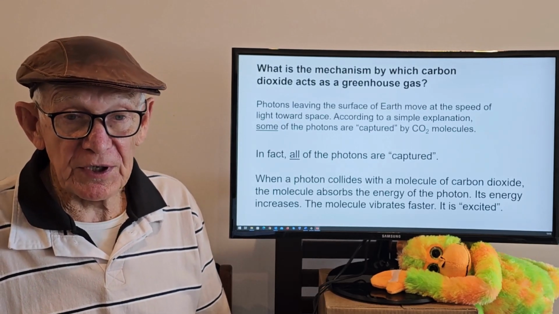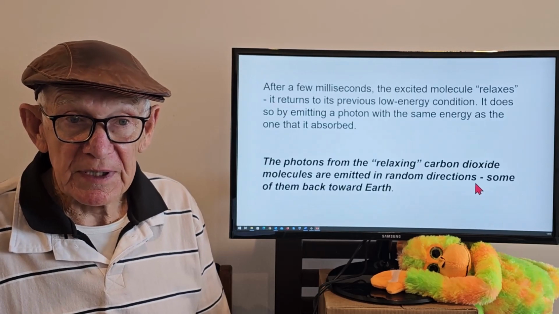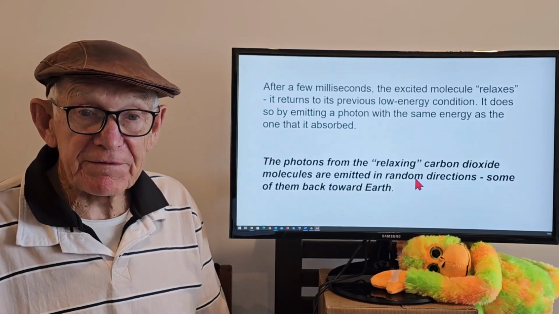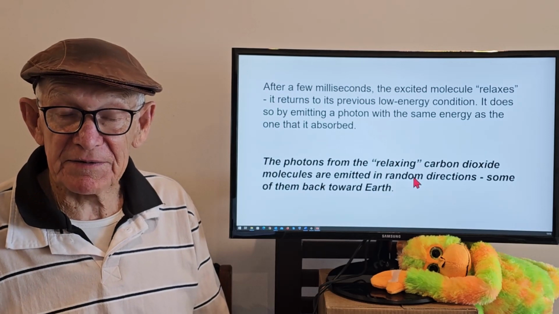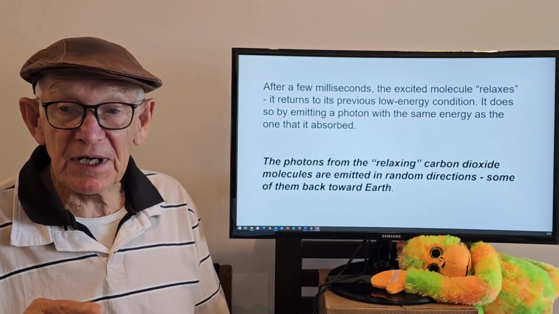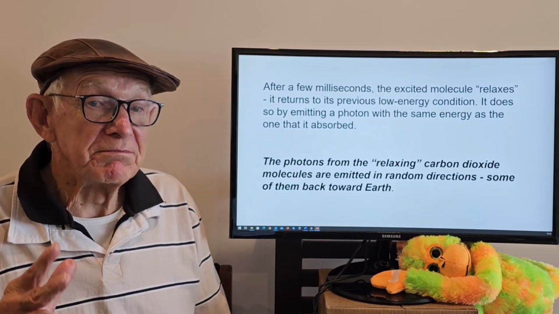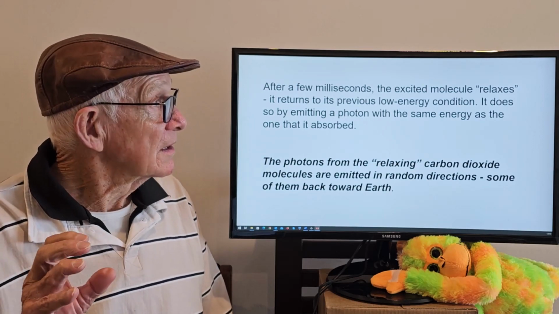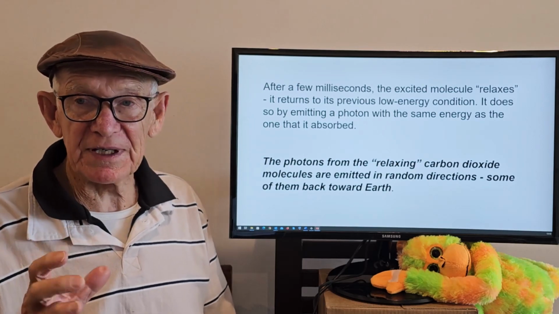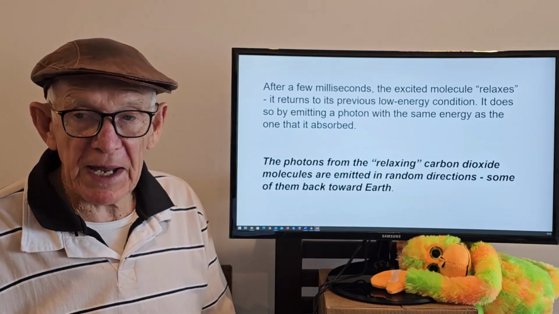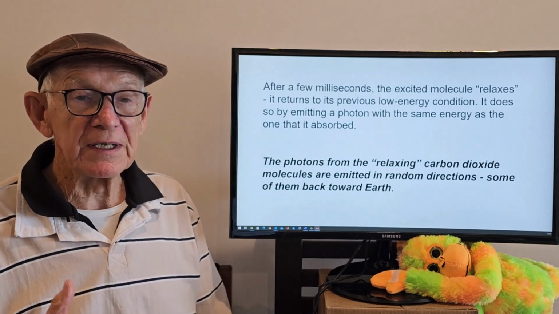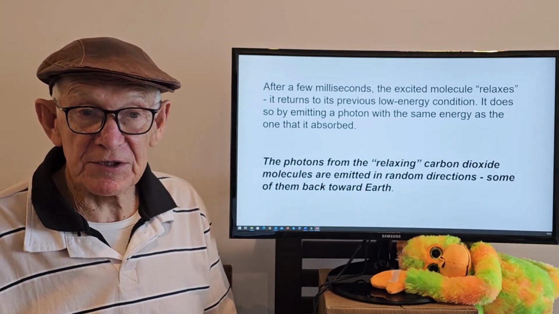Well, there's a bit more to the story. All of the photons are absorbed, but then, after a few milliseconds, quite quickly, the so-called excited molecule undergoes relaxation. That means it goes back to its ordinary condition of energy.